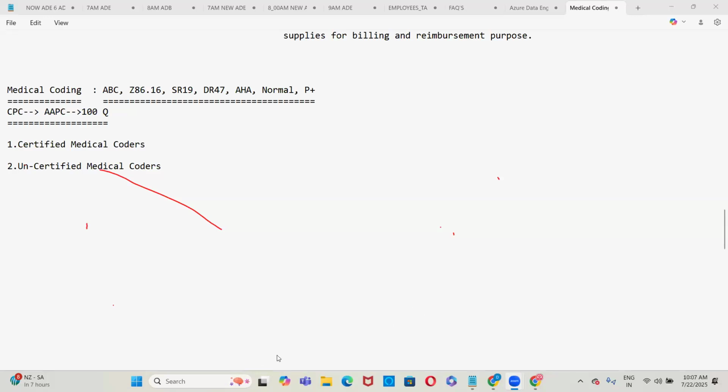Nowadays the trend is that whatever education background you have, and whatever job you're doing, it's irrelevant. But if you're already from a medical background, that will obviously be an advantage for you.